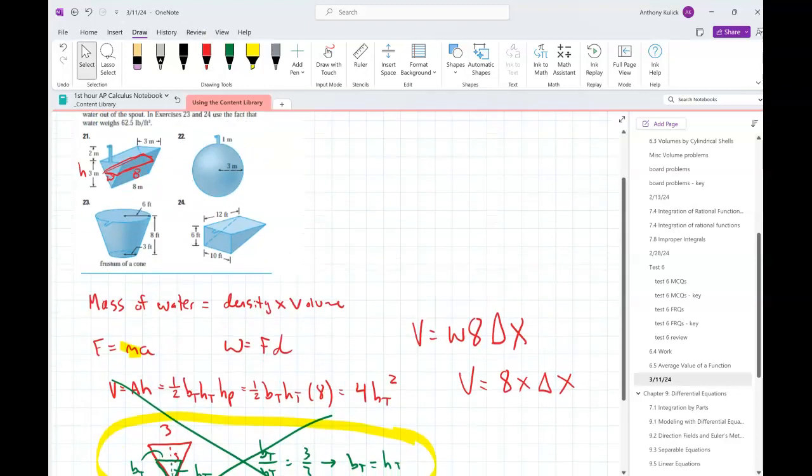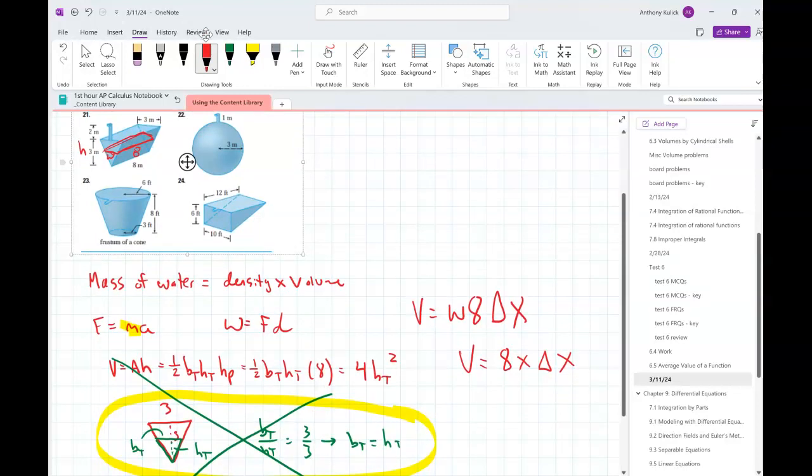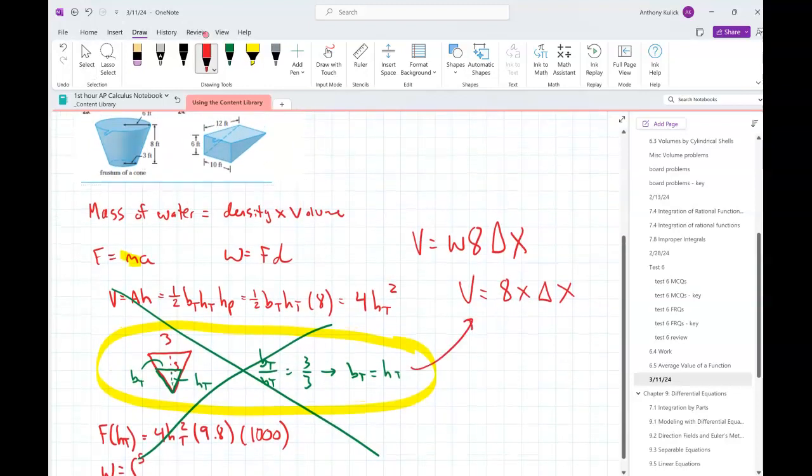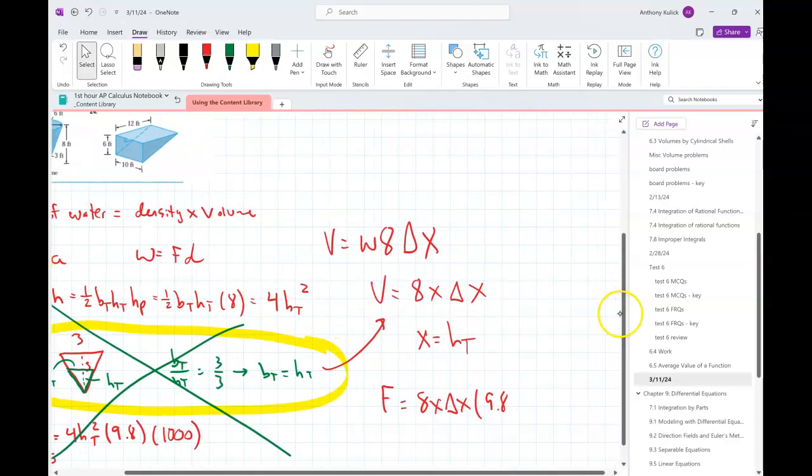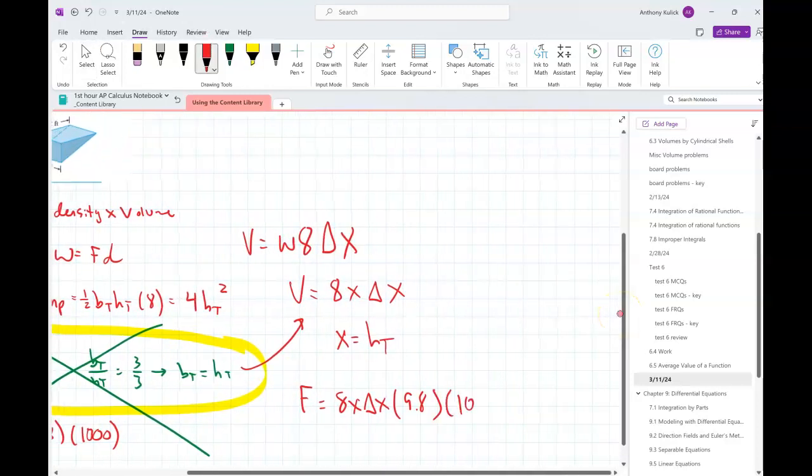So I'm just going to call, yeah, still from this, x is going to be the height of our triangle. So our mass then, or I'm sorry, I should say our force then is 8x delta x times 9.8 times 1,000.